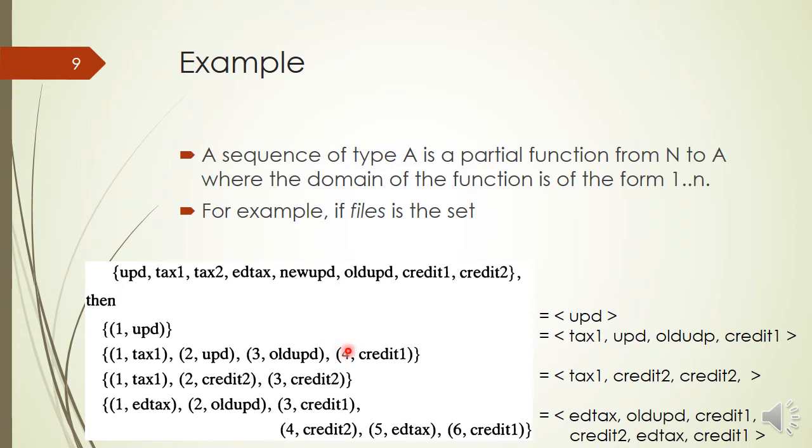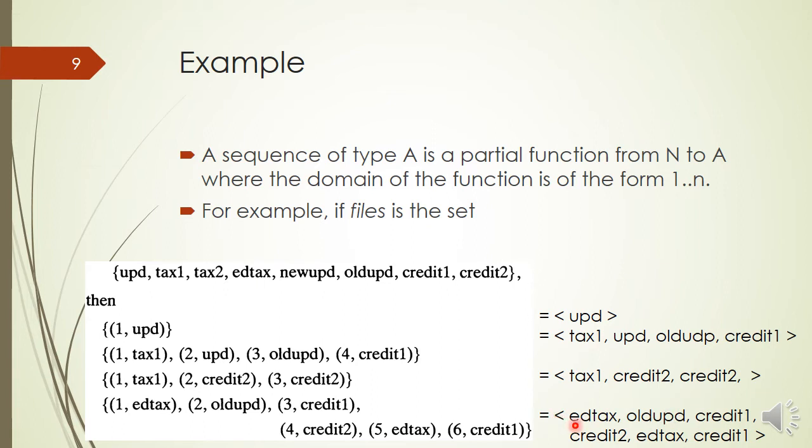For example, the last ordered pair has value 4, therefore the length of this sequence is 4, and in this sequence the first element of the last ordered pair is 6, therefore the length of this sequence is 6, and there will be 6 elements in angle brackets.